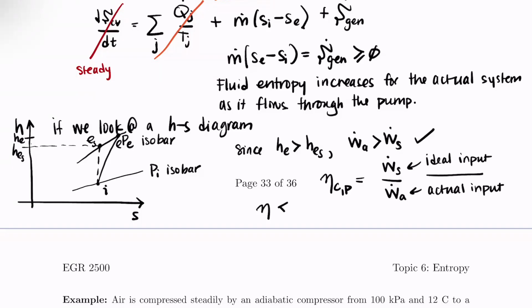So this is always less than or equal to 1. Make sense? So kind of a variation on a theme from what we did with the turbine.